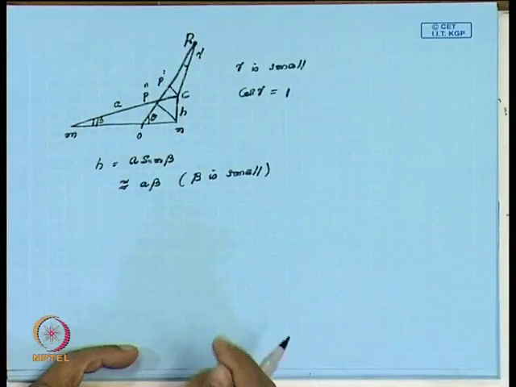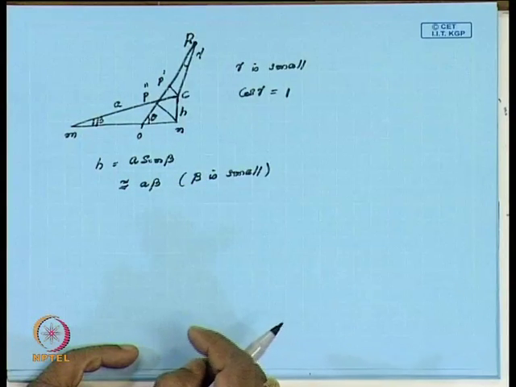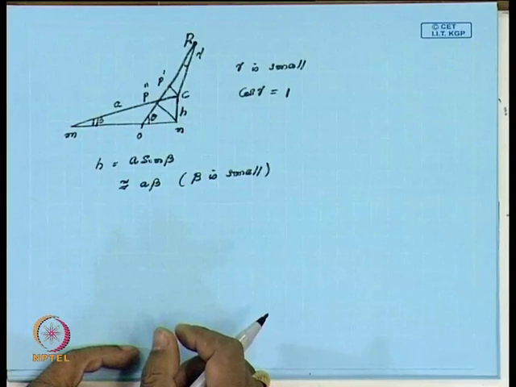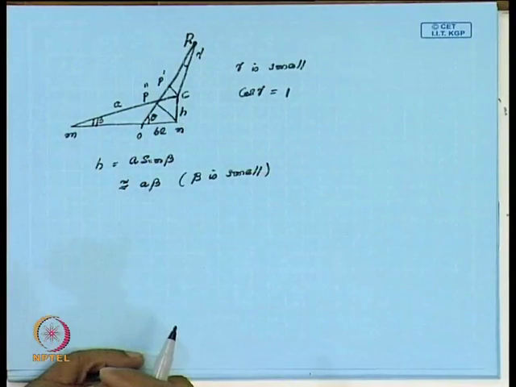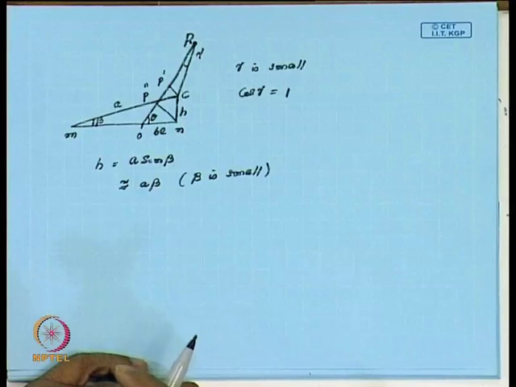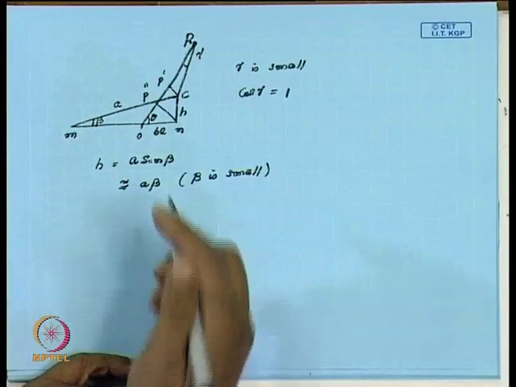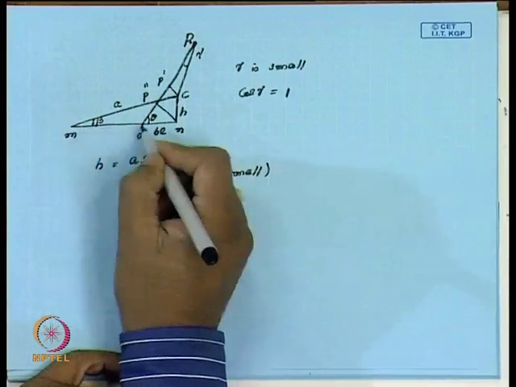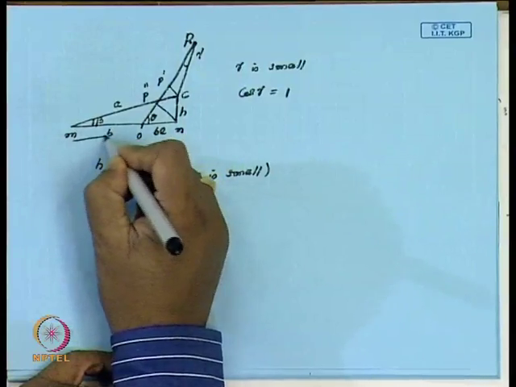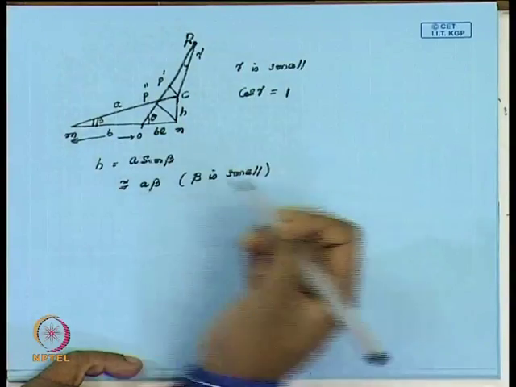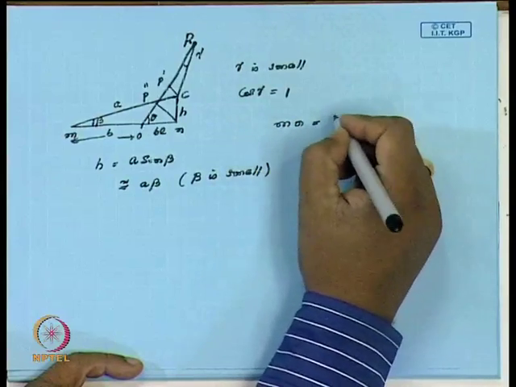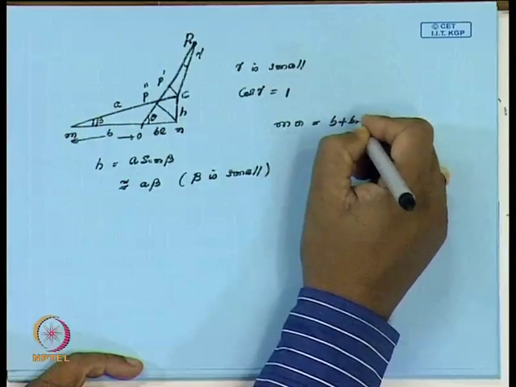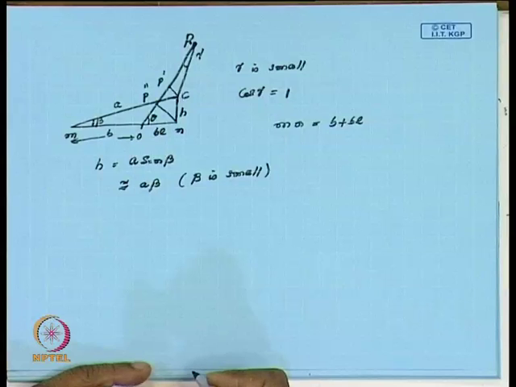And A is nothing but, we have ON is BE, and this distance MO is B. So, I have Mn equal to B plus BE.